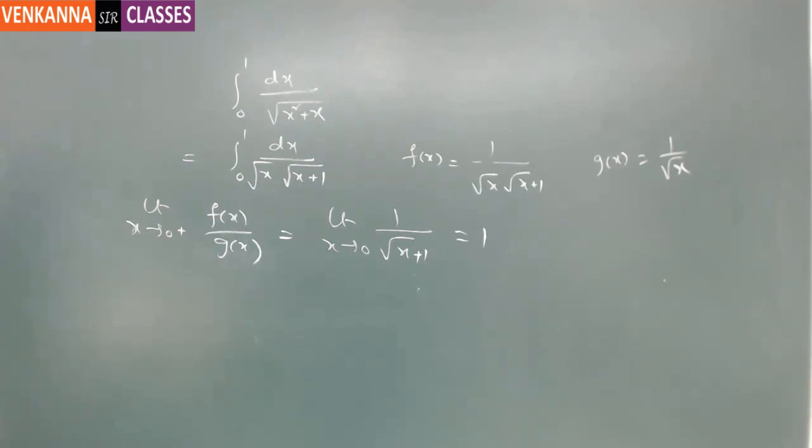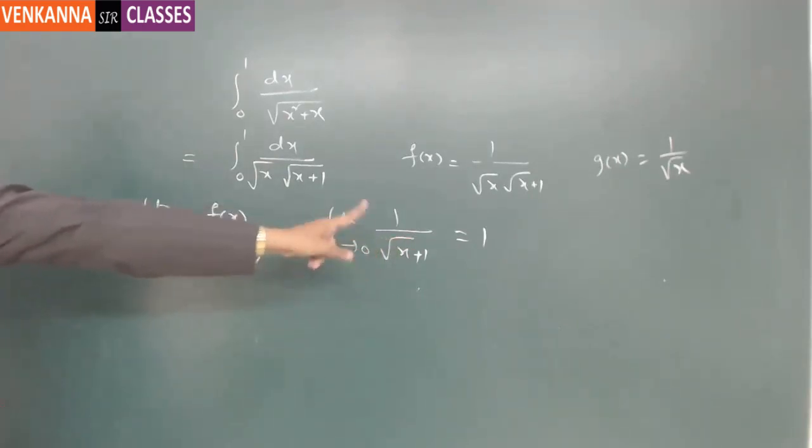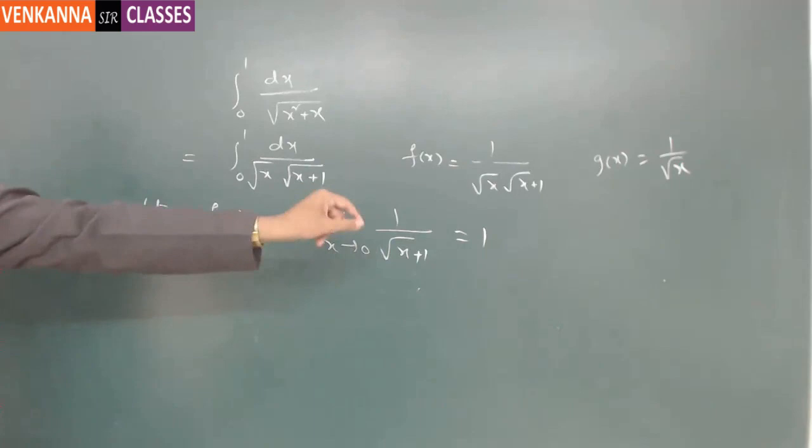So while applying the f of x by g of x limit, that function will get cancelled. For the other function, we apply the limit. Did you get the technique in choosing g of x? Right. So for this part, the limit is 1, which is non-zero and finite.